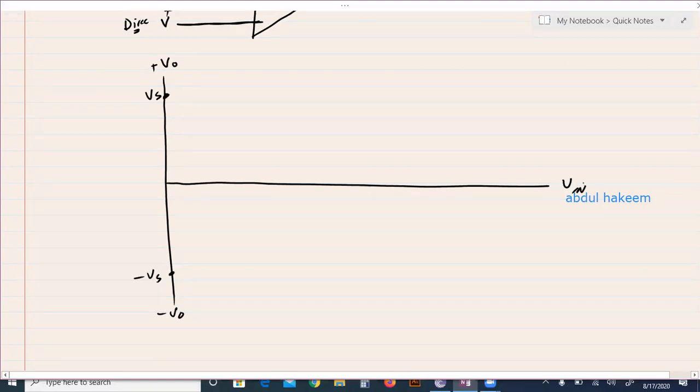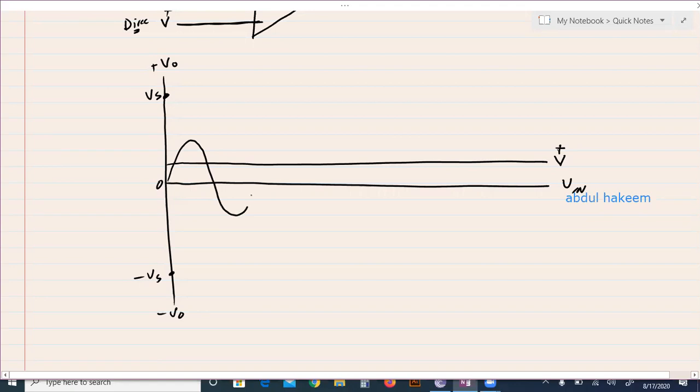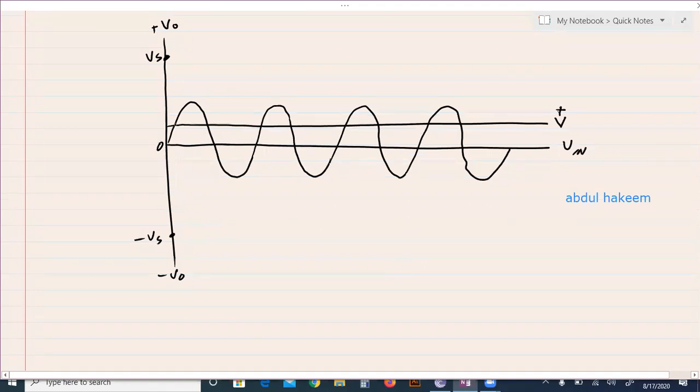Here Vn. Suppose one input is direct, which is constant, and the other input is fluctuating, and it is alternating voltage. Now we have to draw the output voltage. Again, same procedure. We will mark the points where both inputs are equal, not on the 0 line, but on the positive line. Okay. These are the points where both inputs are equal.